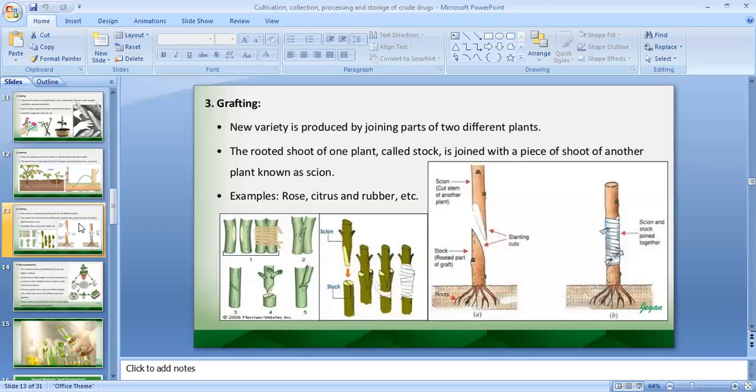For example, rose, citrus, and rubber, etc. We can grow a new plant by grafting.